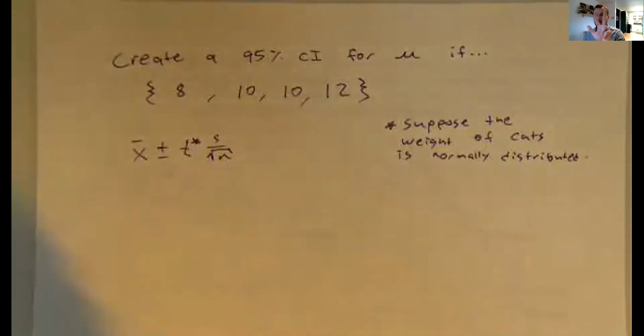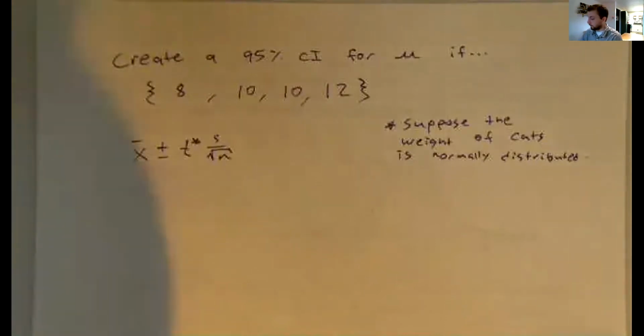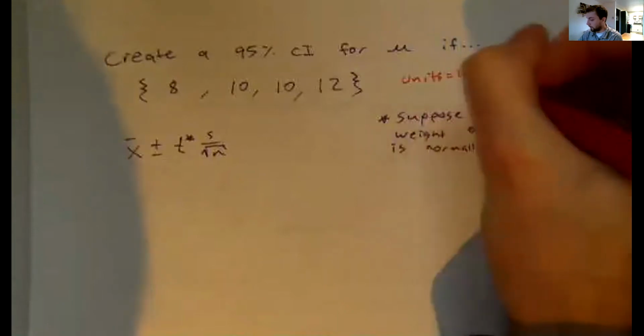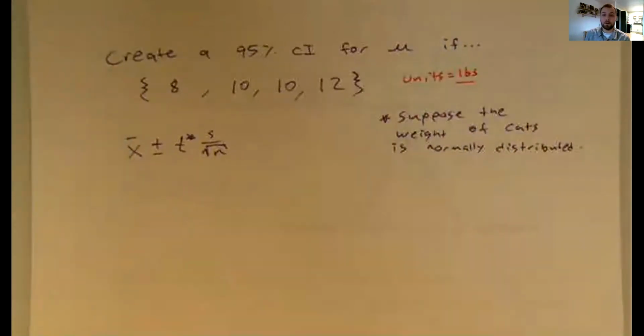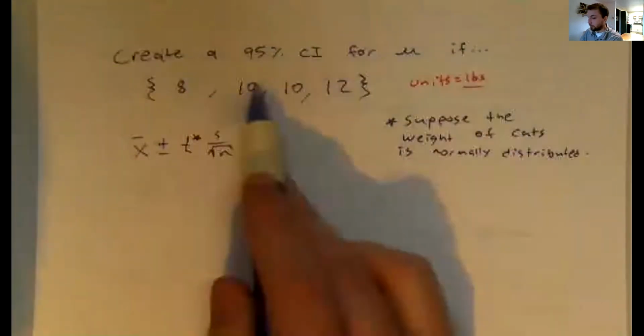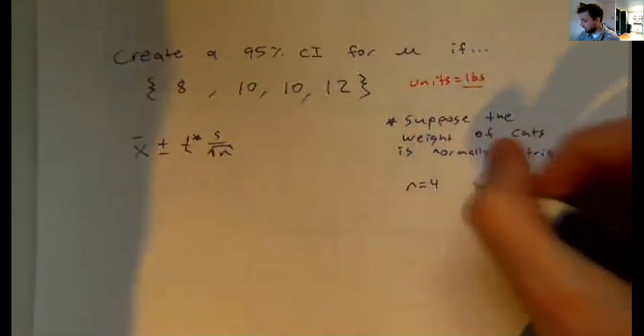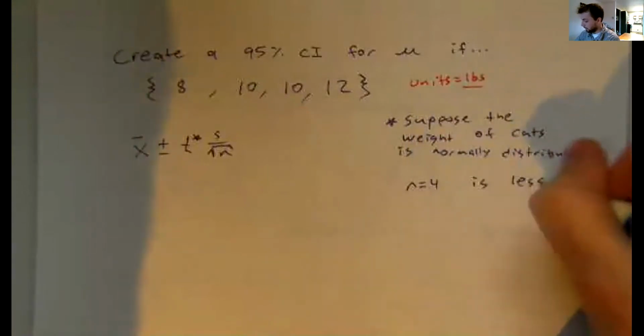So my three assumptions: random, let's suppose these cats were randomly sampled. Independence, well, the weight of one cat should not affect the weight of another. Let's assume that the units here for this problem, I'm working with lbs. Last assumption, large N. Well, the quick check, 1, 2, 3, 4 makes me feel pretty nervous because N equals 4 is less than 30.